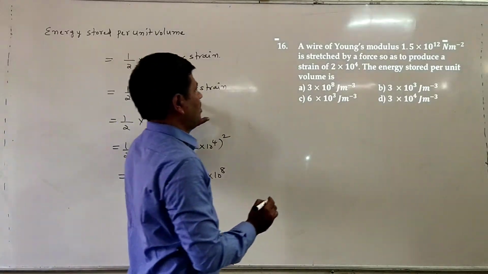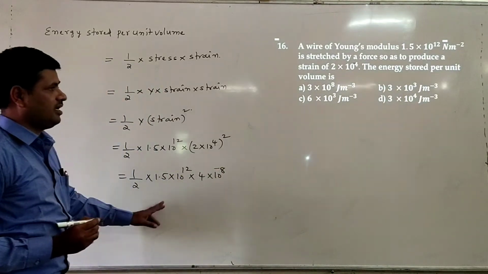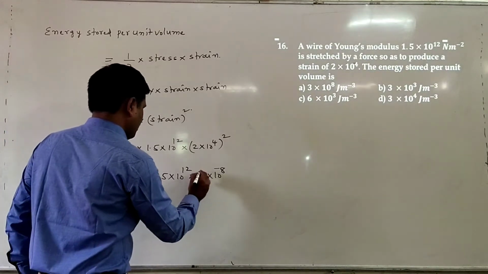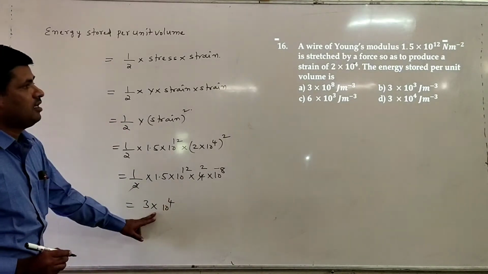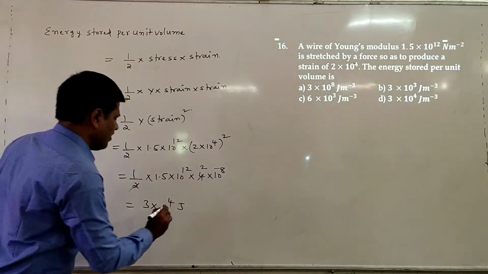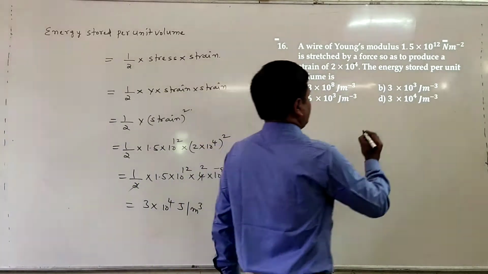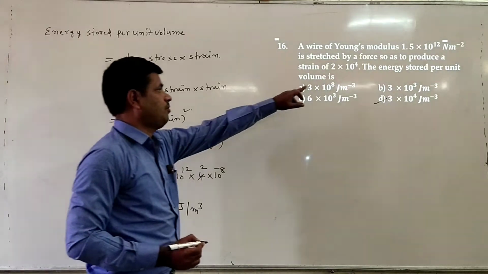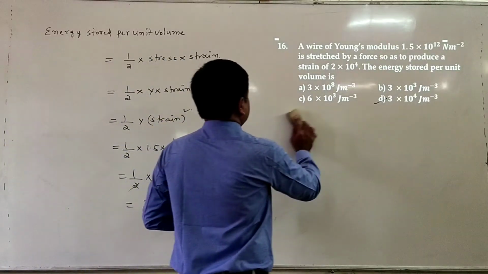Here 2 into 10 power of minus 4 squared means 4 into 10 power of minus 8. Now we are getting here 3 into 10 power of 4. 3 into 10 power of 4 joule per meter cubed is the energy stored per unit volume, energy by volume. Now D option is correct here. Right, this is question number 16.